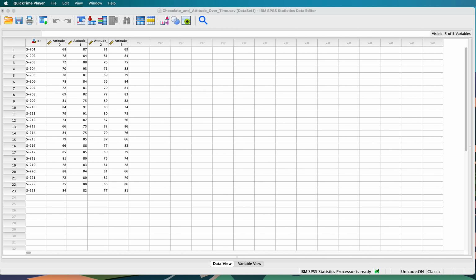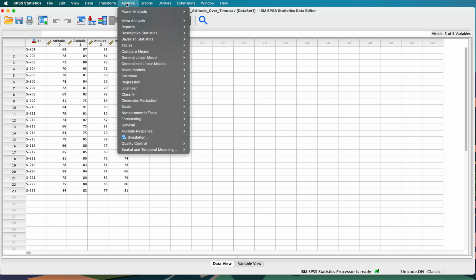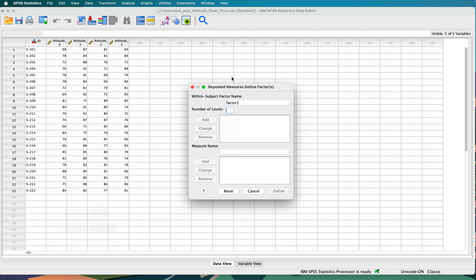So we're going to find the Mauchly's test of sphericity and see if it meets the criteria. To do that, I'm going to go up to Analyze, then go down to General Linear Model, and click on Repeated Measures.